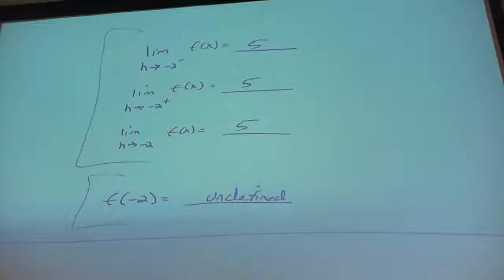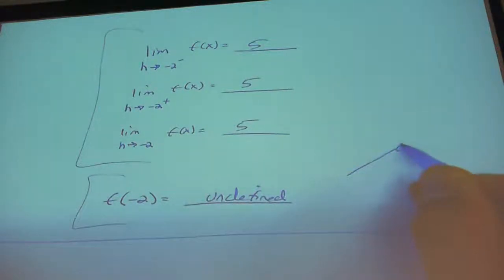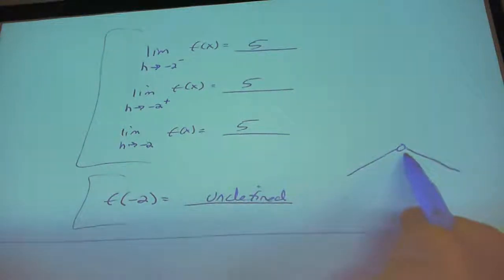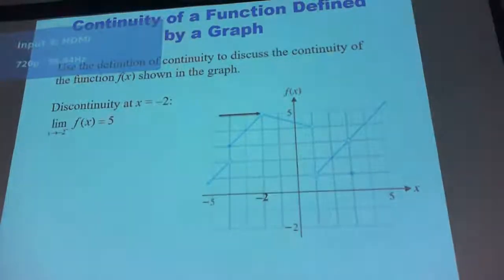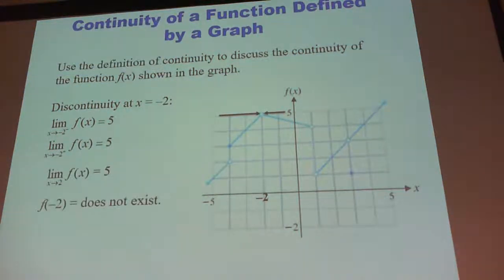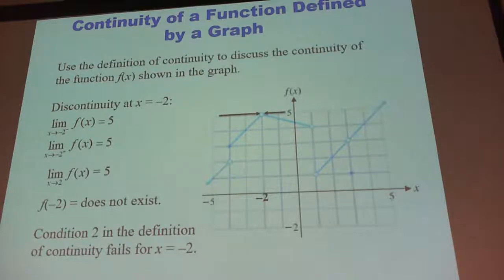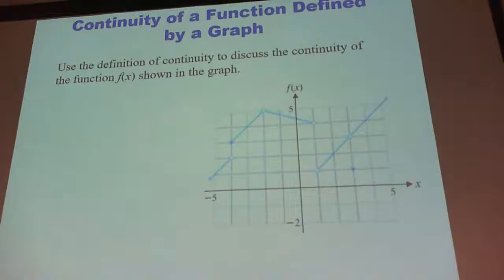No, you already knew that from the beginning. There's a hole there. Because there's a hole, it's not continuous. Yes, I know the answer from the beginning just by looking at it, but this is reviewing last time to prove it. 5, 5, 5 doesn't exist, therefore it's not continuous. Okay?